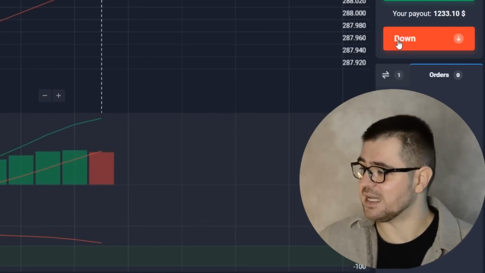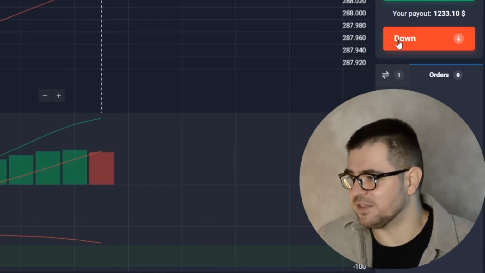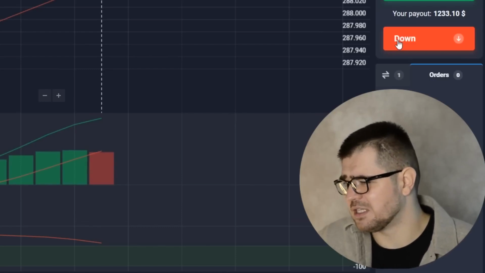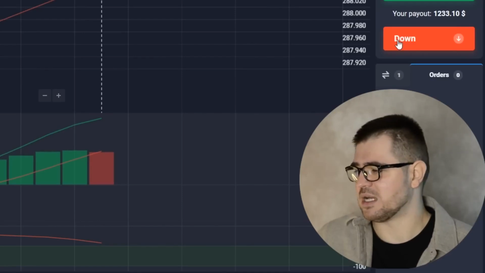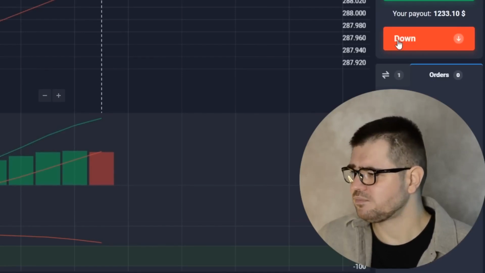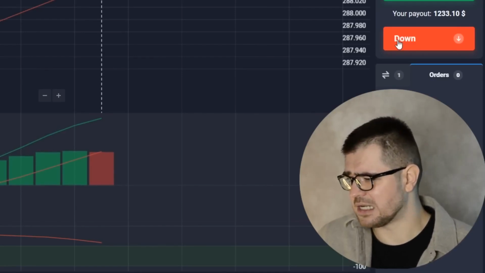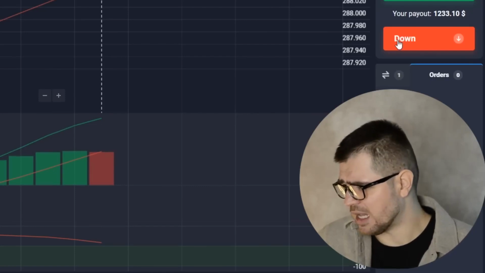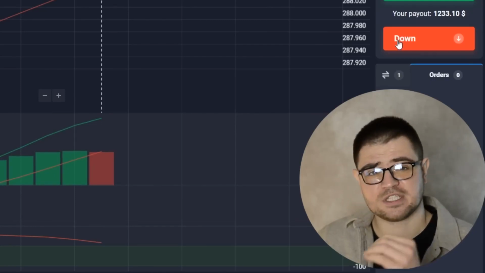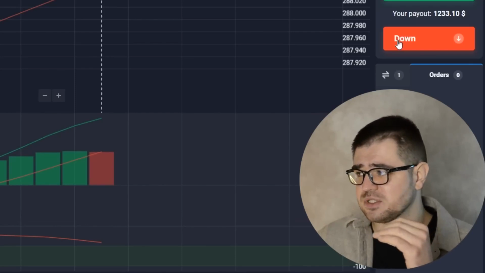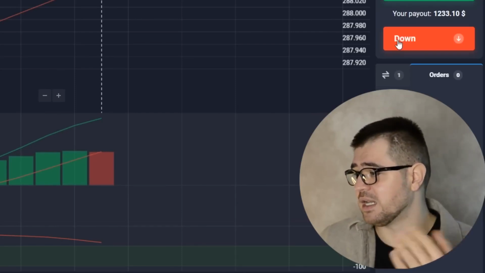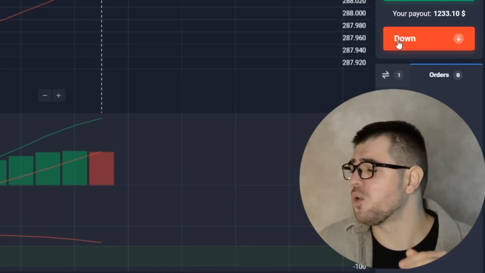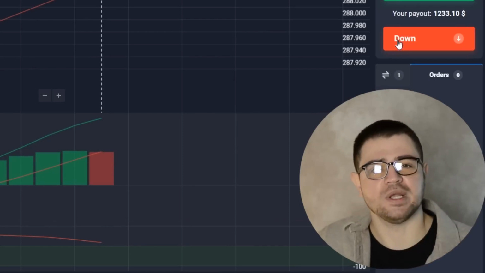But as I said, CCI is like the relative strength indicator. It's showing the relative strength of it, so it's calculating the strength as it was going up, and if it stops going up with the same strength, the CCI and relative strength indicator both will show it.